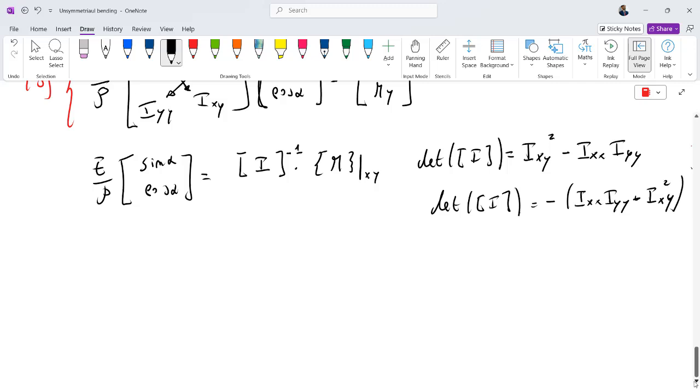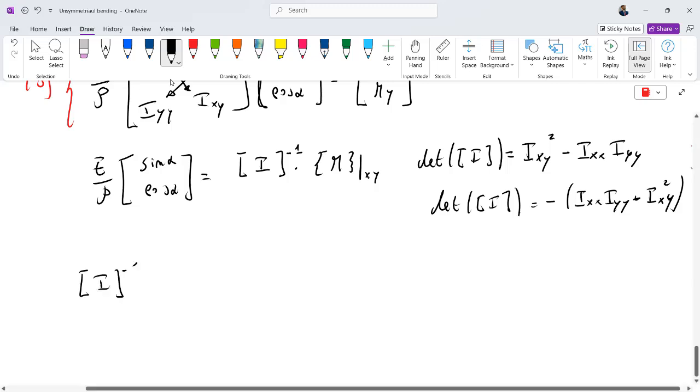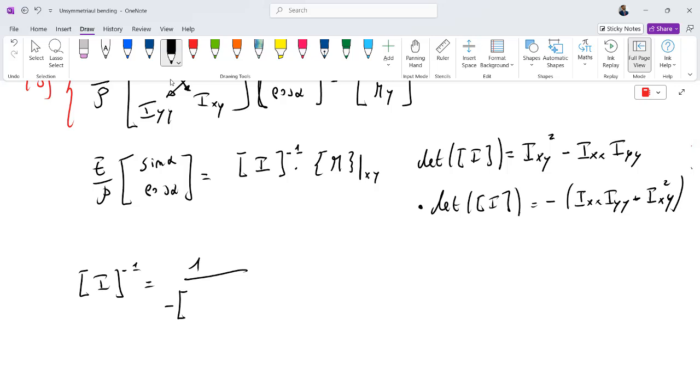When I made the inversion of this matrix, I obtained I to the minus 1 with this minus, minus Ixx Iyy minus Ixy squared, multiplied by another sign that comes from the transpose of the algebraic cofactor matrix. So we obtain a matrix like this.